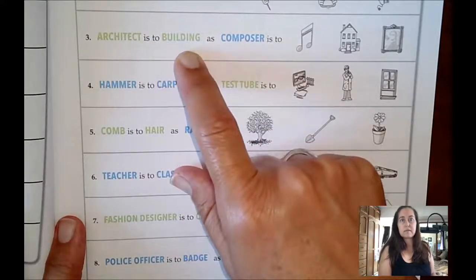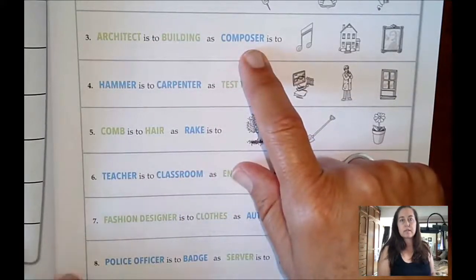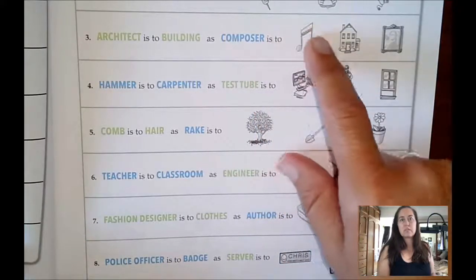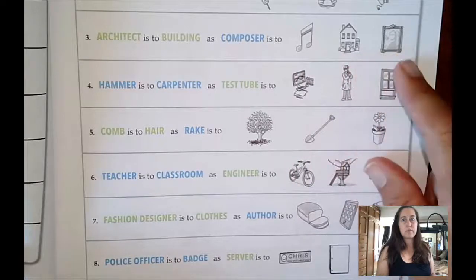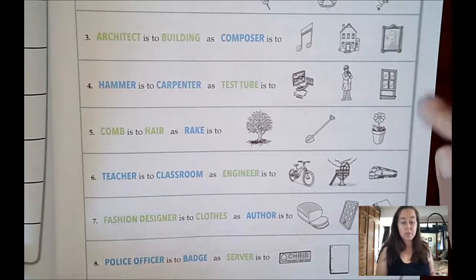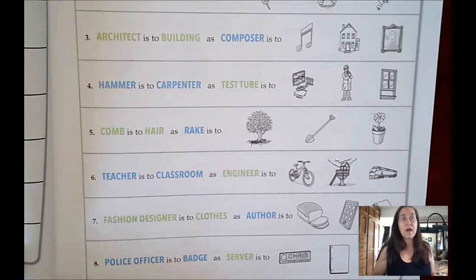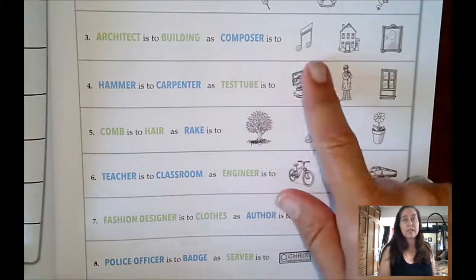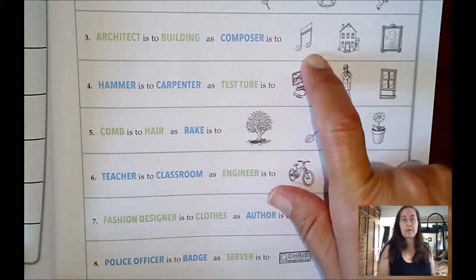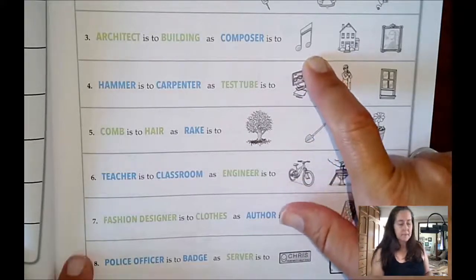A composer is someone who, is it related to a musical note, a house, or a painting? I'm going through to the very end, so after this one, you're going to just keep track. But a composer is related to music. Composers put together songs. They write the score is what it's called.